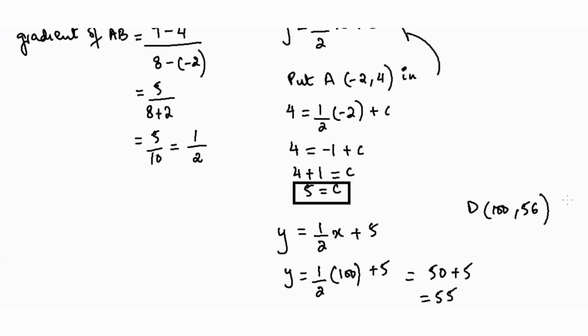Since the y value is 55, that means D does not lie on the line AB. If the y value was 56, then yes, it would have. So no, it doesn't.